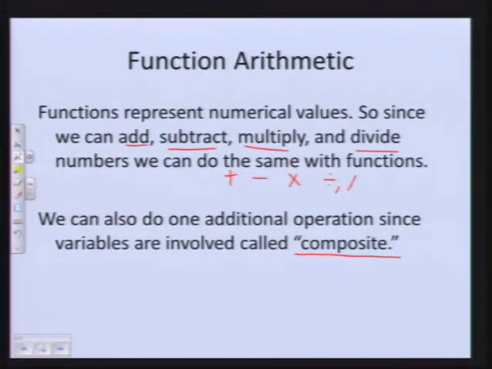Composite also has a symbol which is a small little circle. It's usually written in the middle between the two function names, and it's a small circle. It is not a letter O, and it's not a dot. It's just a little open circle. If you're doing this on your computer, it's in the symbols of the word processing program.